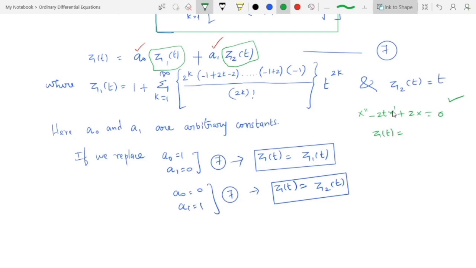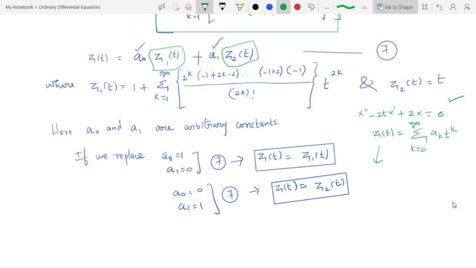Also we assumed one arbitrary point t equal to 0 as an ordinary point, taken in between minus infinity and infinity. So z of t is a power series solution. It is of the form summation a k t power k, where k varies from 0 to infinity.